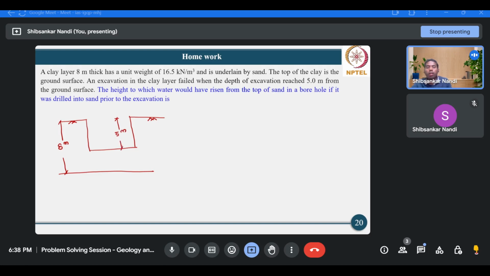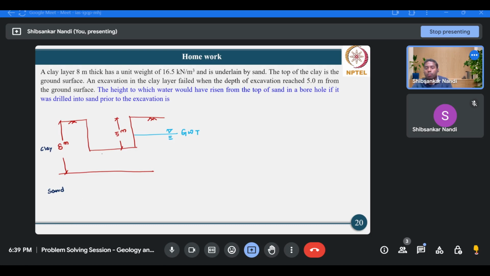When failure occurs, this is clay, this is sand.